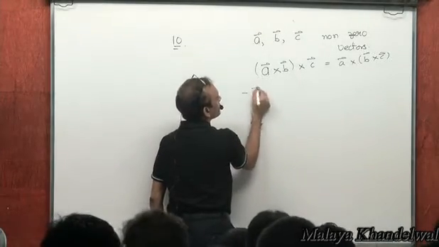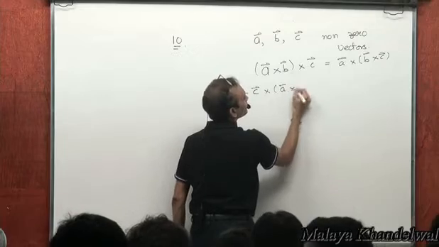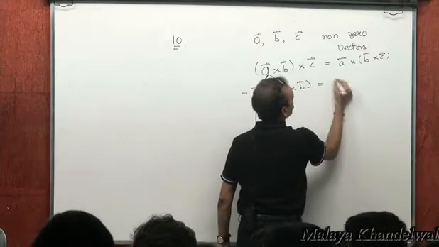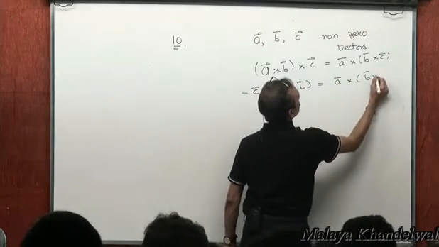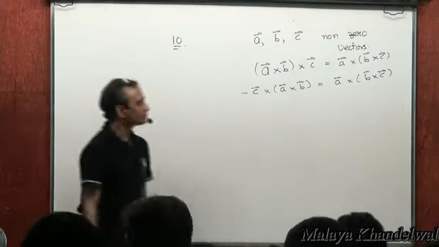Okay, I could write this as minus C cross A cross B equals A cross B cross C. I could do this.